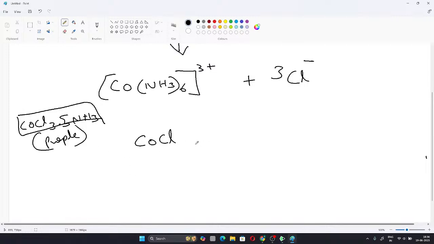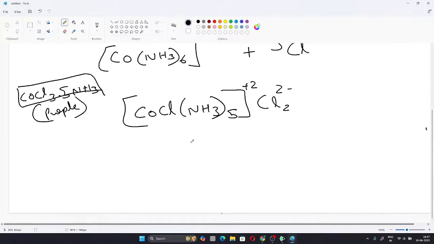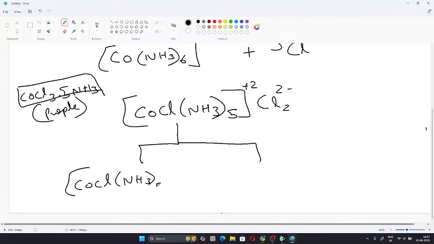where we take 5NH3, we will get [CoCl(NH3)5], where 1 Cl will be less, and here the charge will be 2 plus. It will dissociate into [CoCl(NH3)5] with a whole charge of 2 plus and 2 Cl minus ions.